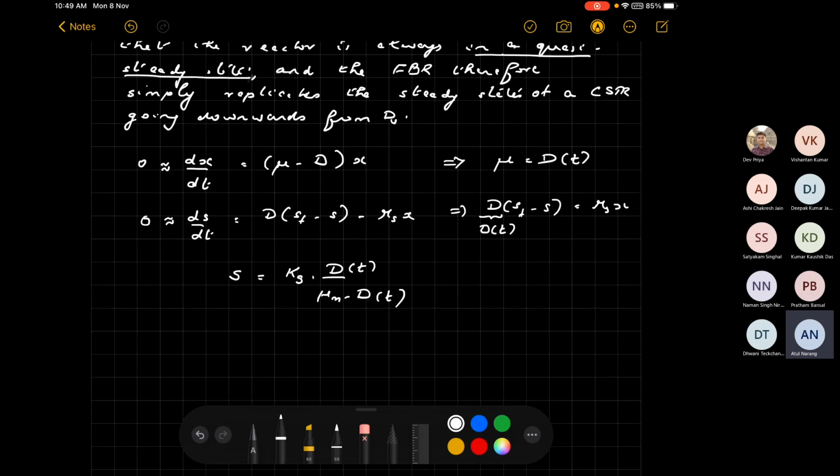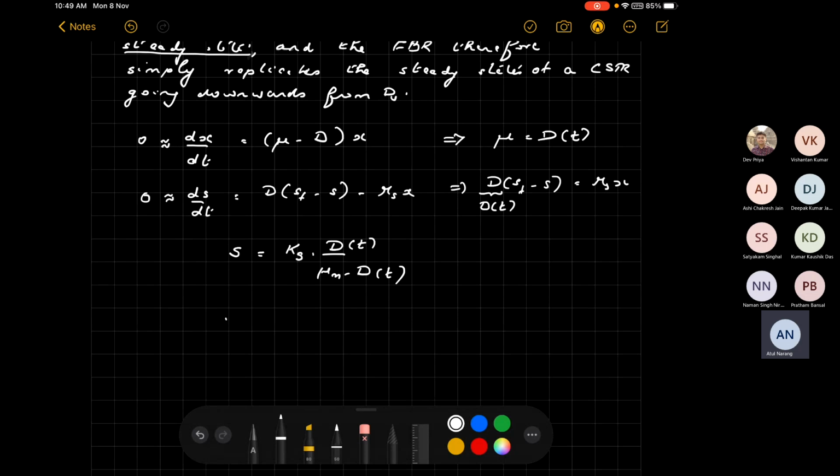Then if I solve for S and X, X will be equal to YSX multiplied by (SF minus S), right? But I already know S as a function of time from the previous equation.